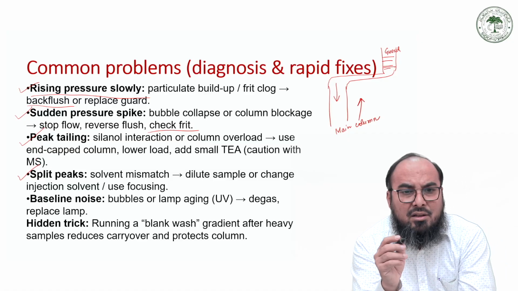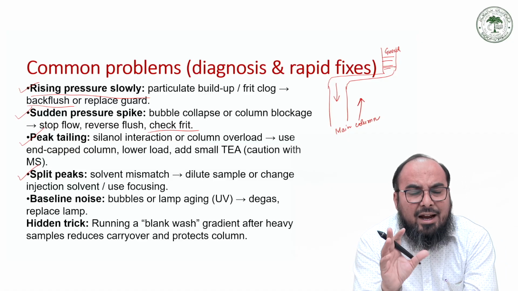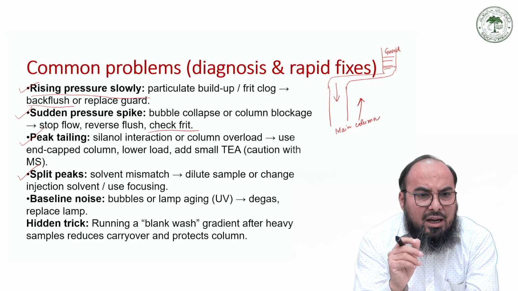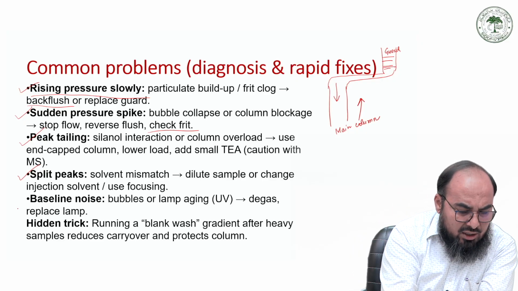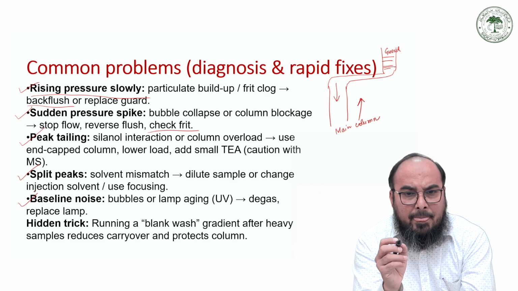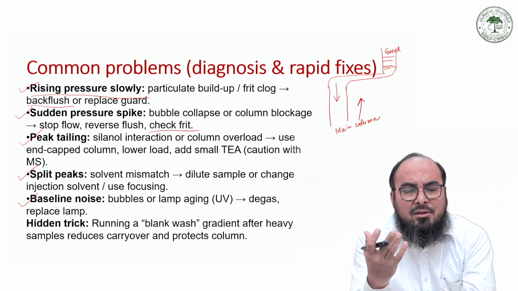Similarly, split peaks. Split peaks may arise because of solvent mismatching. So we have to change the solvent system, and sometimes we also have to look at the injection ports. Similarly, if baseline noise is coming, then we have to check whether there is some formation of bubbles.